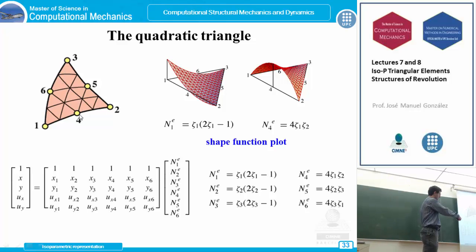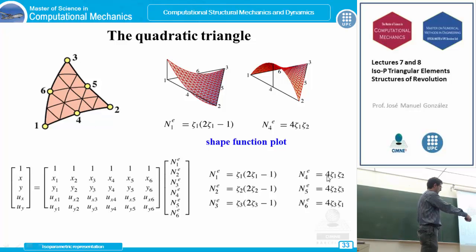So for this node 4, its corresponding shape function involves these 2 triangular coordinates, ξ1 and ξ2, because it vanishes on the opposite sides, which include the 5 nodes where we want the function to be 0.